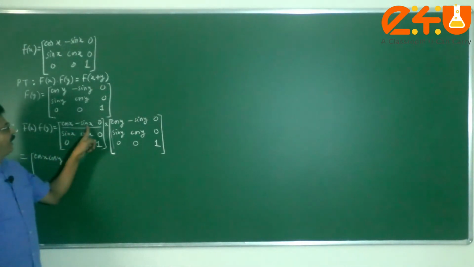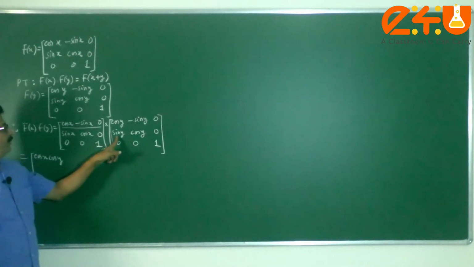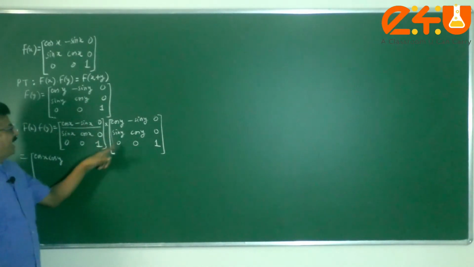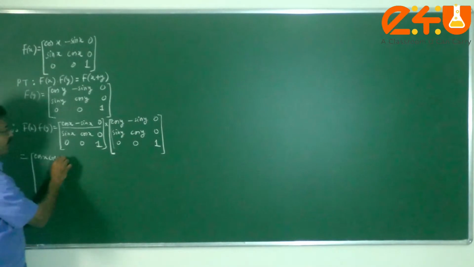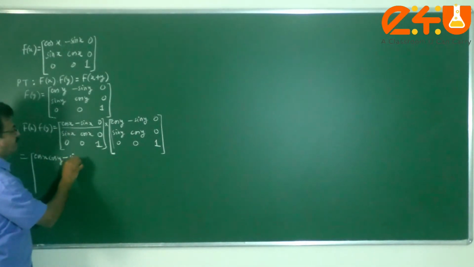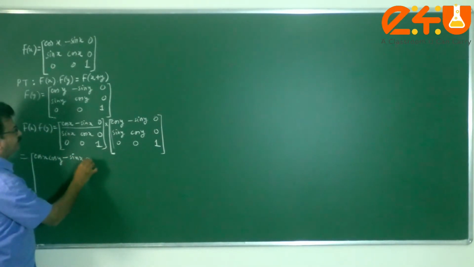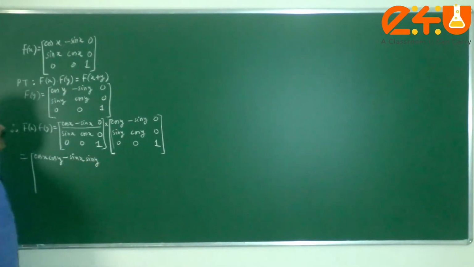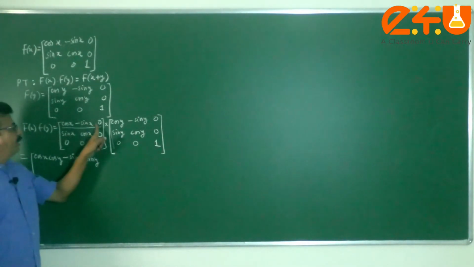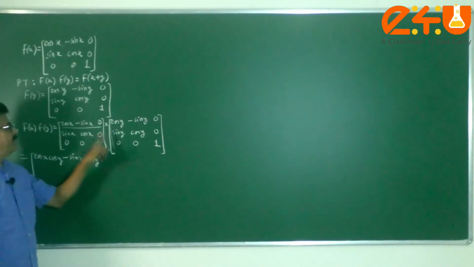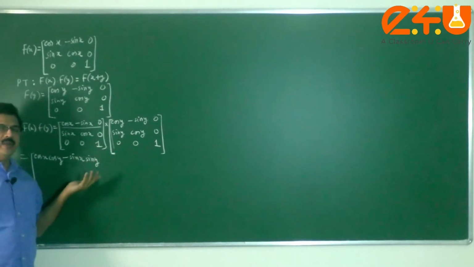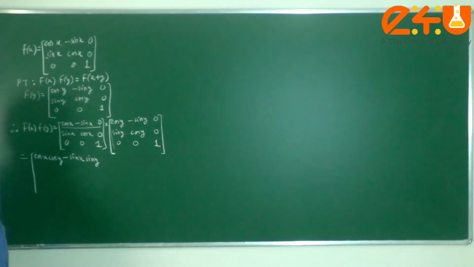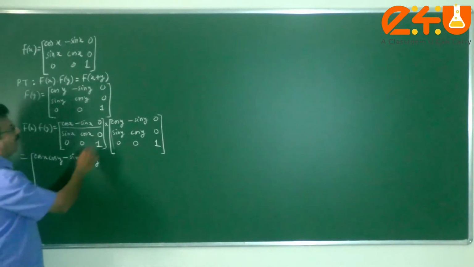Then the second element along the row, second element along the column, which means I get minus sin x and sin y. The product is negative of sin x sin y, followed by the third elements in the order, which is 0 times 0. I need not write plus 0. Okay, let us move on.